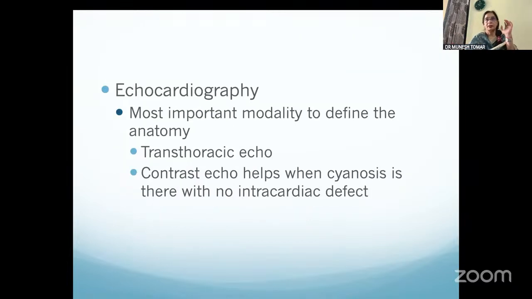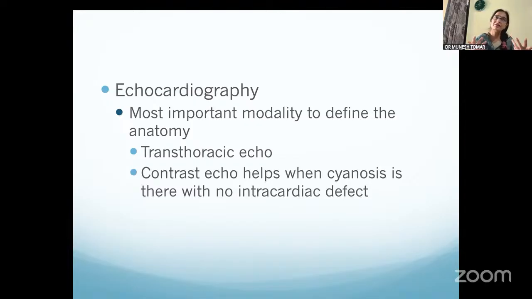So ECG is helpful, but at least a rhythm strip we should take, and it is not difficult to take an ECG in the newborn period. You just need to make your technician comfortable with the newborn and the machine. That is the only thing we need, and that can only come if we start asking for ECG.